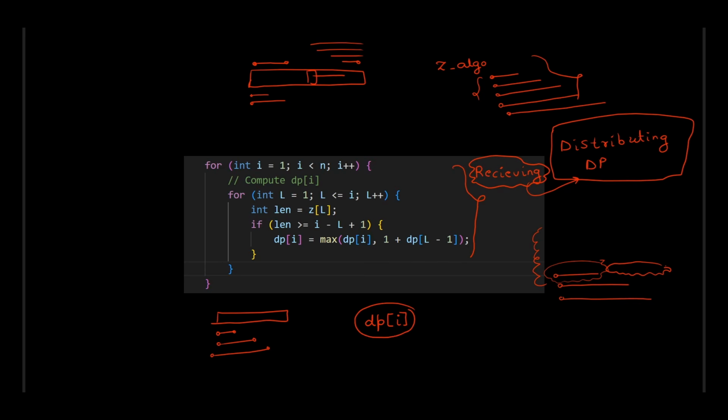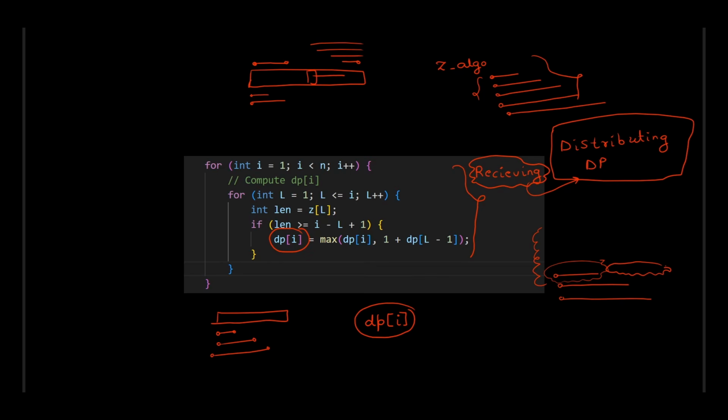In each iteration we are computing DP of I. So you are saying that, okay, I need my answer upfront, give me the value of DP of I, and this is the pattern that most of us are accustomed to, right? From the start of our programming journey, this is the pattern that we have been taught, that you want to fill DP of I by looking at other DP values.